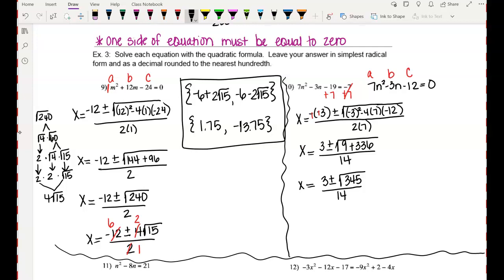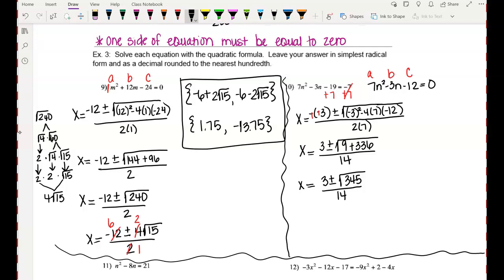What do you get back? The square root of 345. If you have a calculator that has math mode and it's not changing it, it's telling you that that can't be simplified. Now, we could do some work on that.